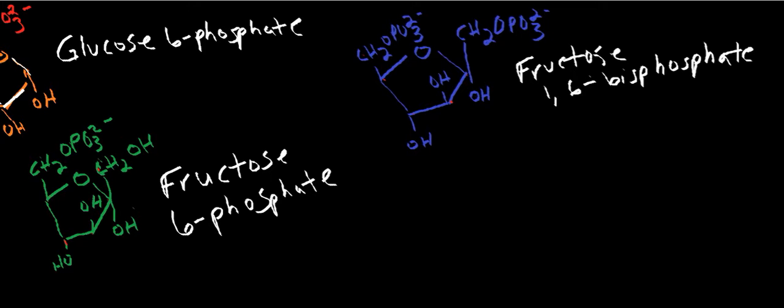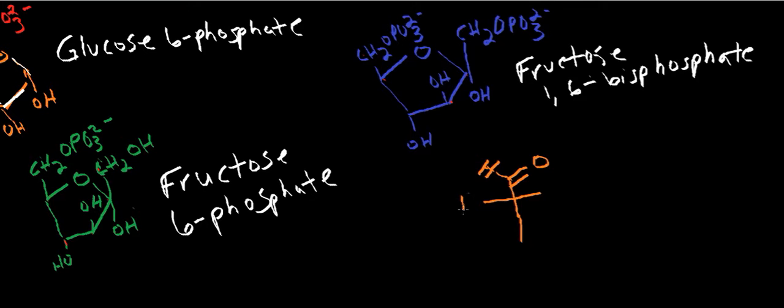Here I am going to draw another intermediate, which is G3P. Here's the H, and I won't put in the carbons. Many of you have had organic chemistry before biochem, so I hope that you know where the carbons are.